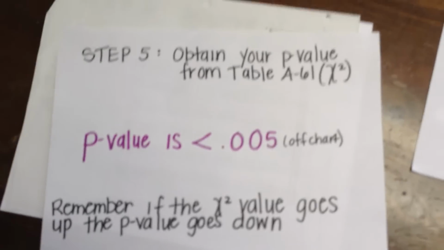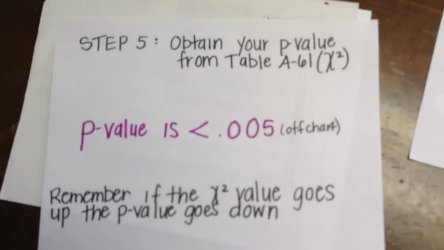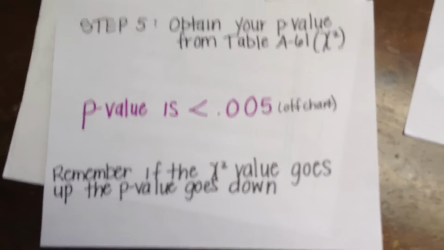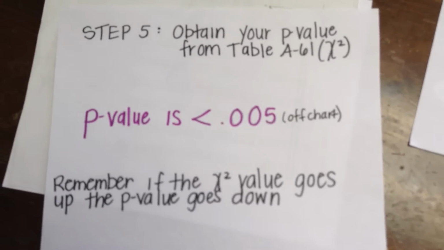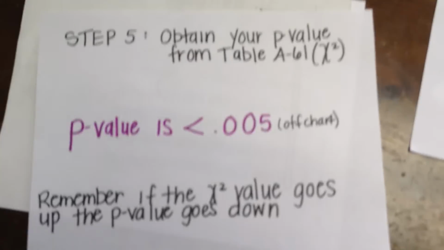Our next step, step 5, is to obtain your p-value from chart A61. So let's take a look at our chart. As you see, I have the degrees of freedom row 2.